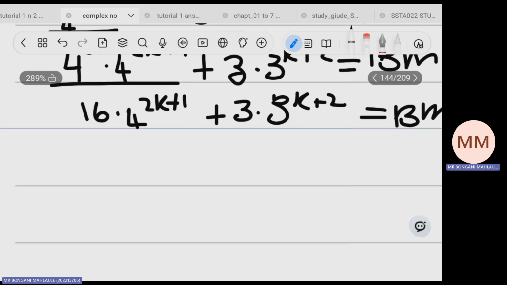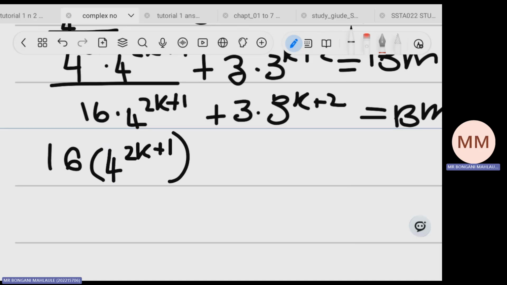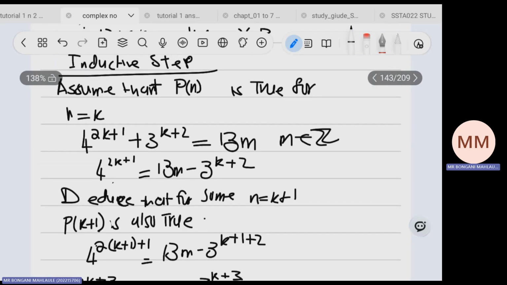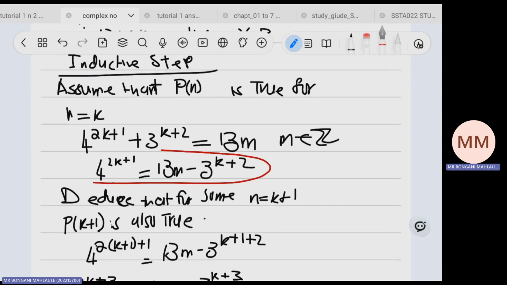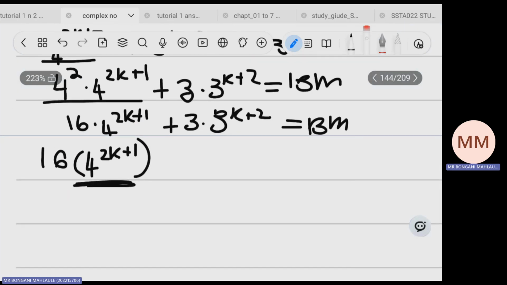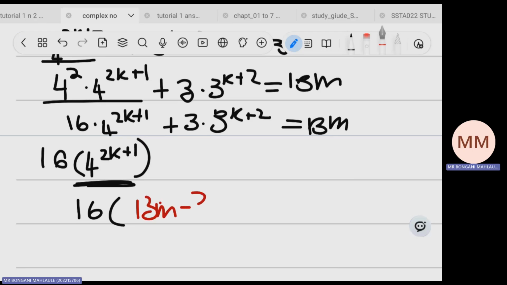So I can say that I can take out 16. If I take out 16, 4^(2k+1) is equal to something from the assumption, equal to this. So you must be very, very observant. So I'm going to replace it in red. It's 13m minus 3^(k+2).